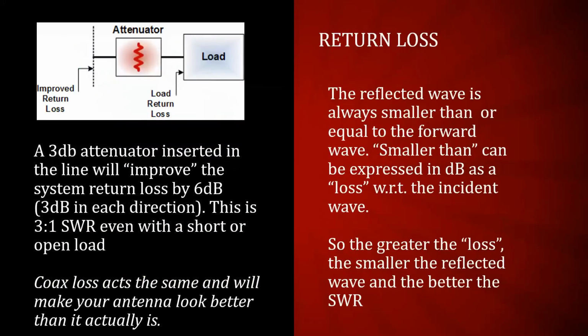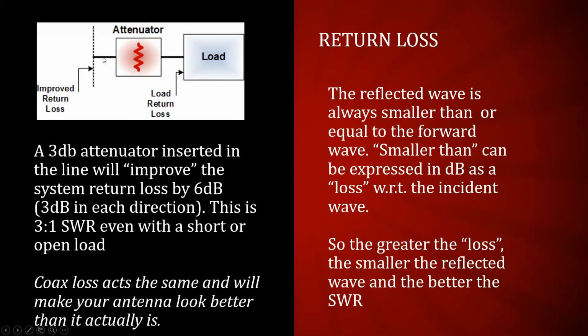Now, I just want to do a little sidetrack here. If you were to take an attenuator, let's say a 3 dB attenuator, and we put a signal into it, say 0 dBm, and let's reflect it. Let's take this load as a short circuit so we have 100% reflection.